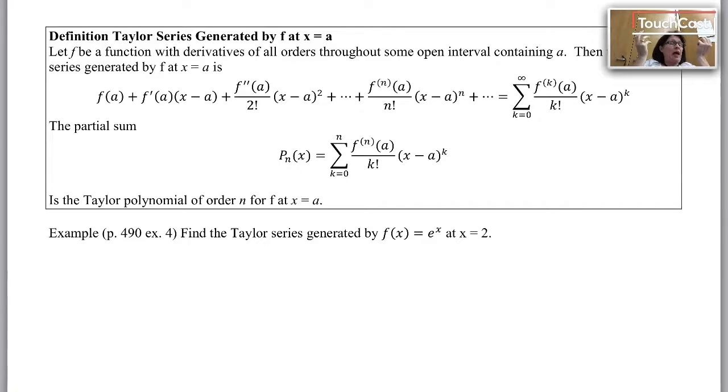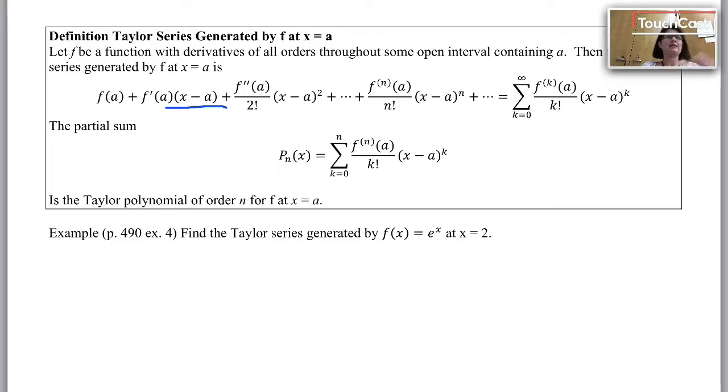But what if I care about having a really good fit somewhere else? I can do the same thing, and really what occurs is simply a transformation, a horizontal shift. Remember that if I replace x with x minus a everywhere in a function, that takes my exact same function and shifts it a spaces to the right.